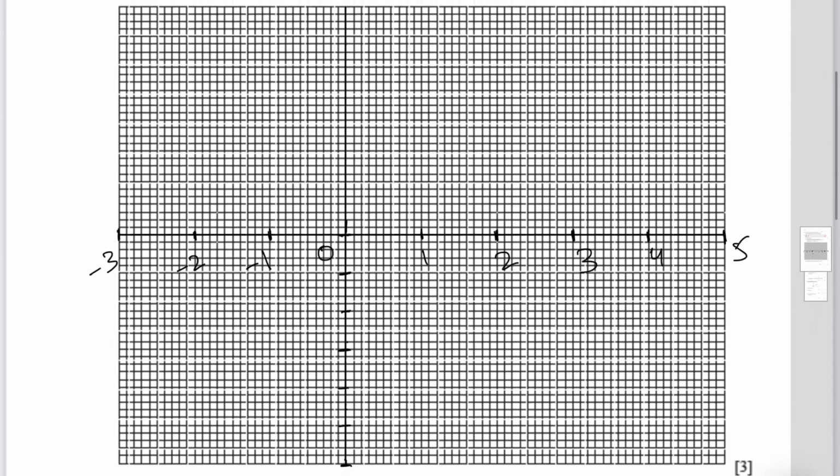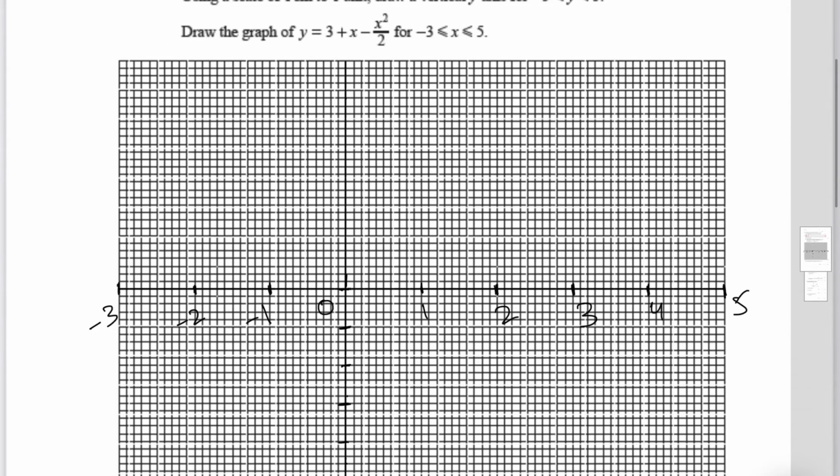Then we have the x-axis. Then we go above the x-axis and do 1, 2, 3, 4, 5 over here, and again 1, 2, 3, 4, 5 in each section, and then one on the top.